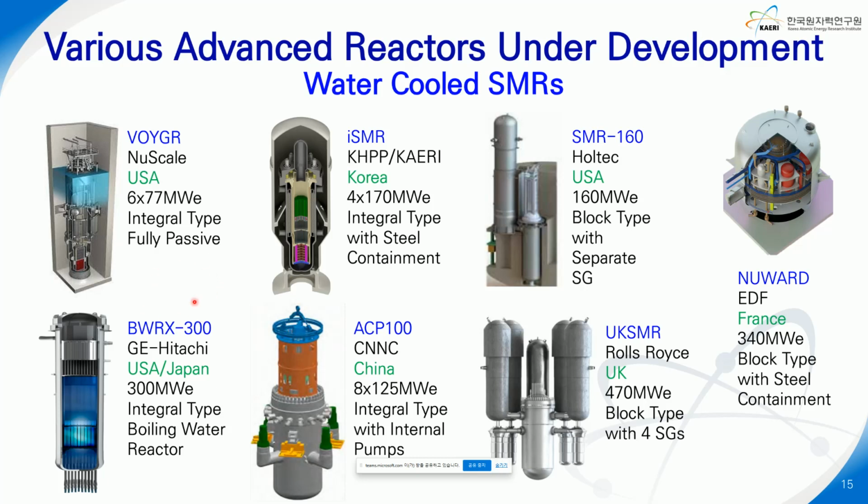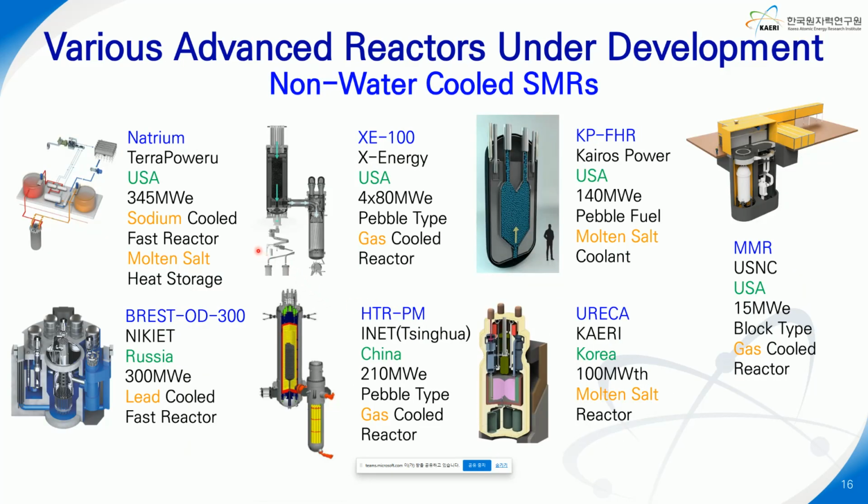Some of the reactors do not use soluble boron, so that control rods and burnable poisons are extensively used to make the core very heterogeneous. In terms of both neutronics and thermohydraulics, these water-cooled SMRs pose challenges in the core calculation.